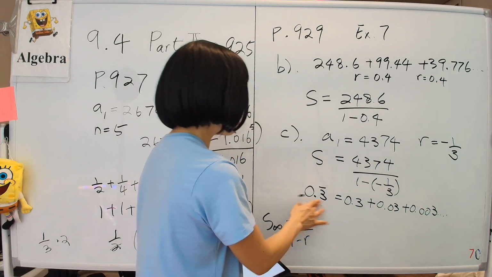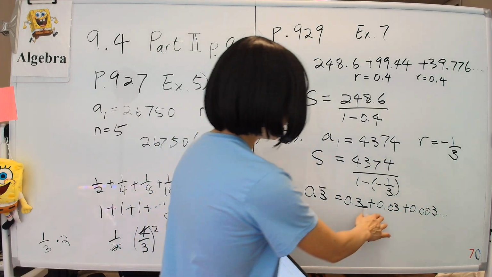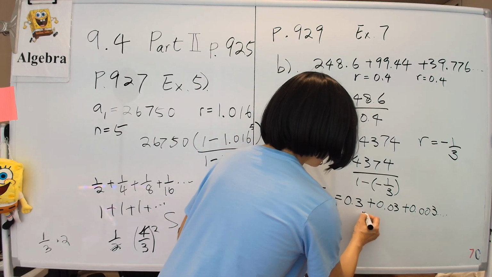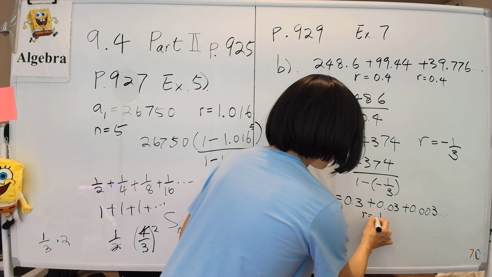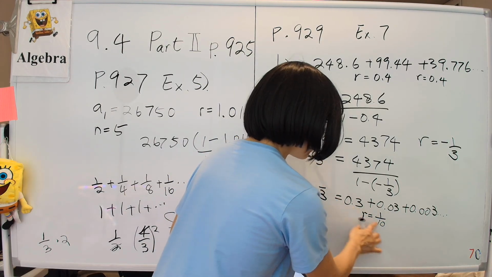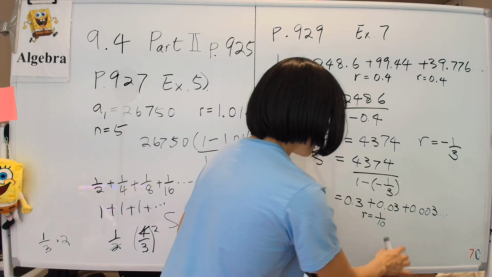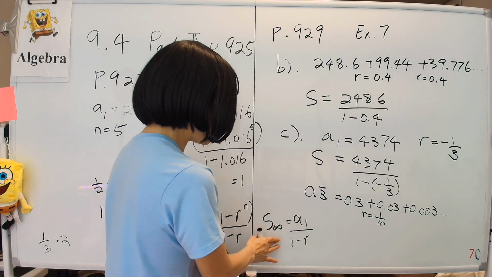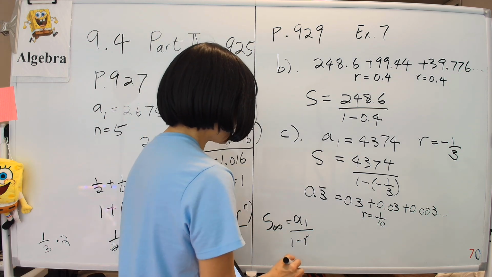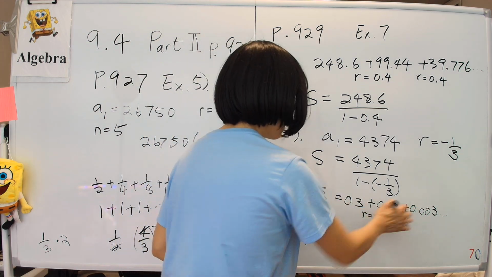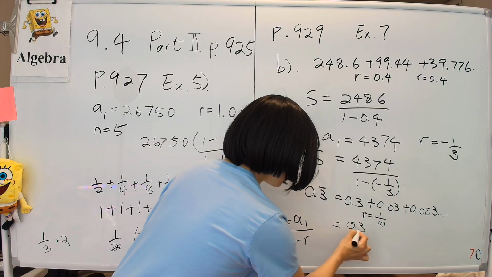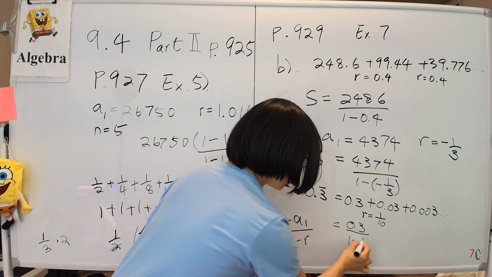And you notice the ratio between them is r equals 1/10, because this term times 1/10 equals the next, and so on. Then let's apply this formula right here. So this infinite sum is equal to A1, which is 0.3, divided by 1 minus 1/10.